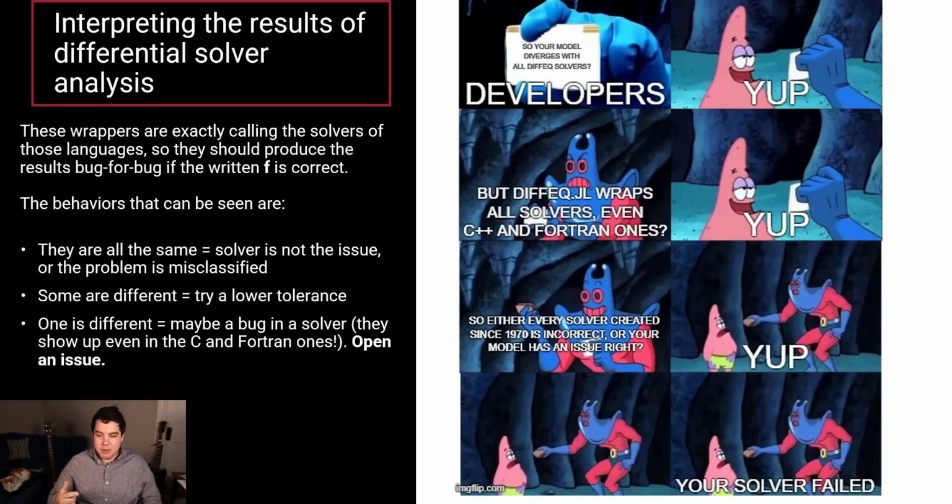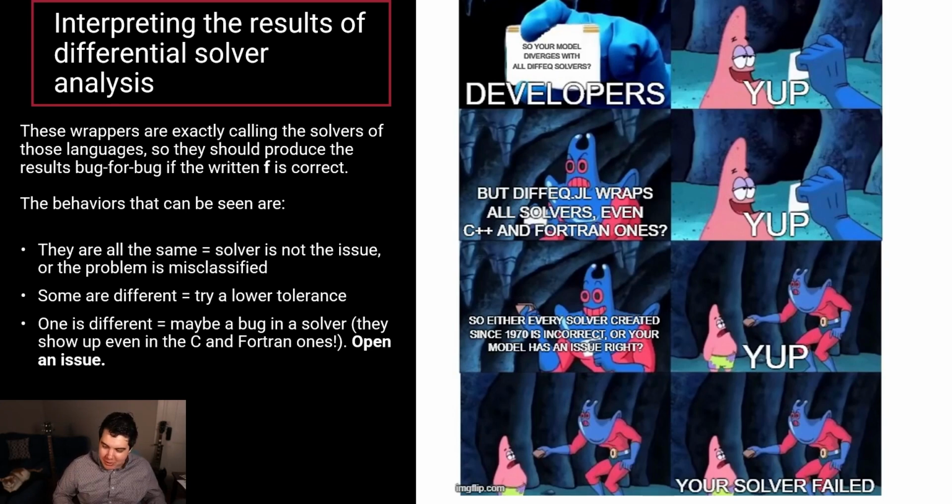It does this with LSODA, a solver from 1980, and DASKR, a solver from 1980 as well. And if you try all these solvers and they're all diverging, there's 2 things that can be true. One is that every single solver that's ever been created is incorrect. Or 2, the model that you spent the last 20 minutes writing might have a bug in it.